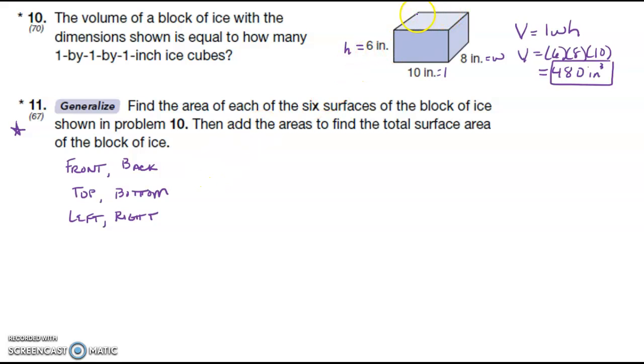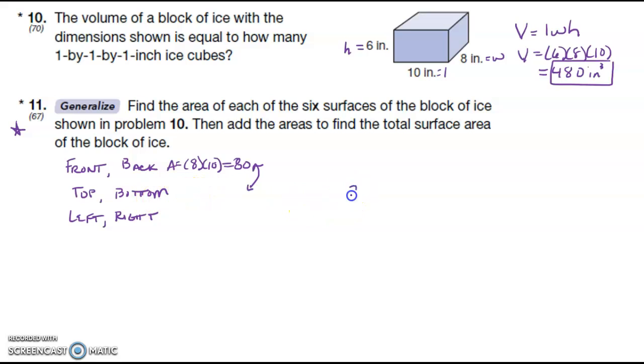Okay, so let's say for the top, you'll see I'm kind of outlining the top here. I know that this is 8 and this is 10. So I have 8 times 10 because we're looking for the area of that. And that is 80. Oh, I put that in the wrong place. This should be top and bottom, sorry. So I have two of those, right?